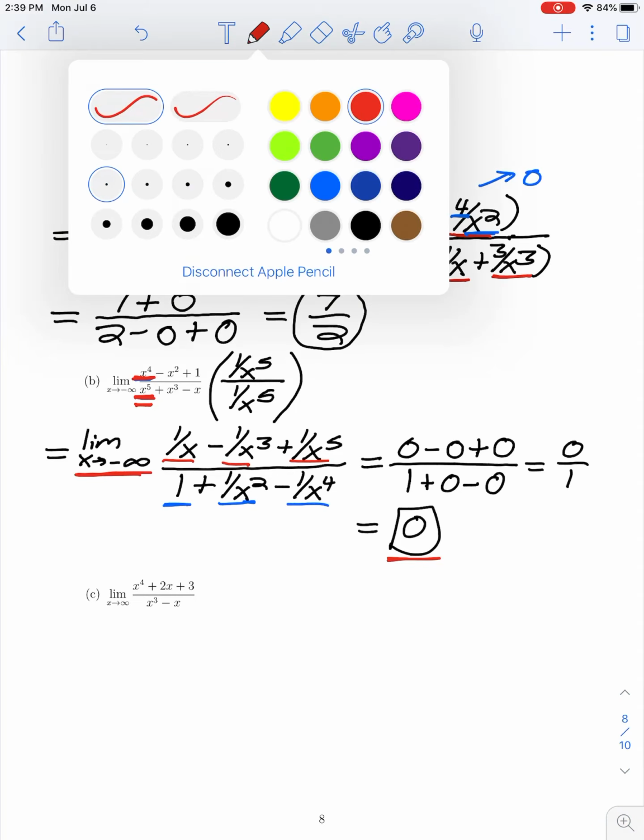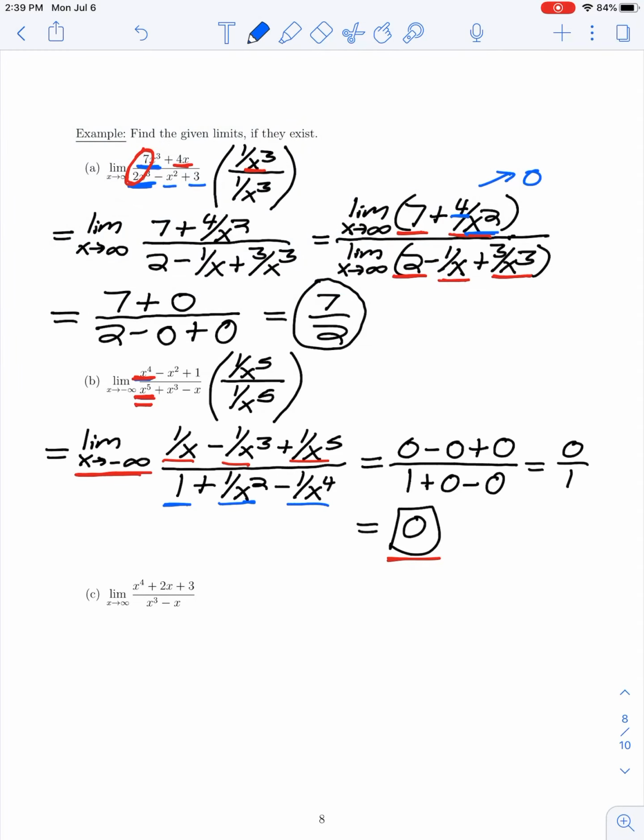So in our last example, part C, we have an infinite limit of a rational function. Again, let's see where the highest powers are in the numerator and denominator. Here we have a highest power of x to the fourth in the numerator, x cubed in the denominator.